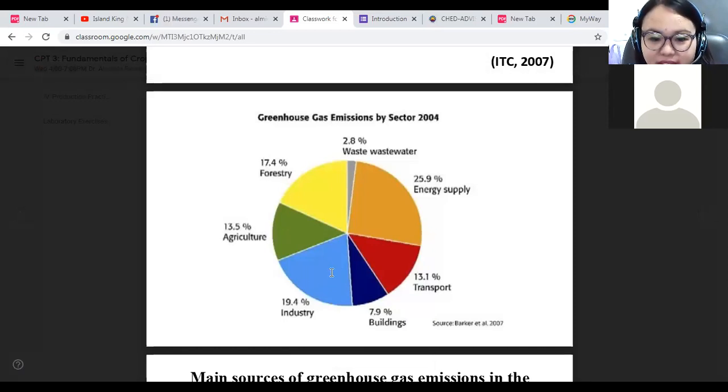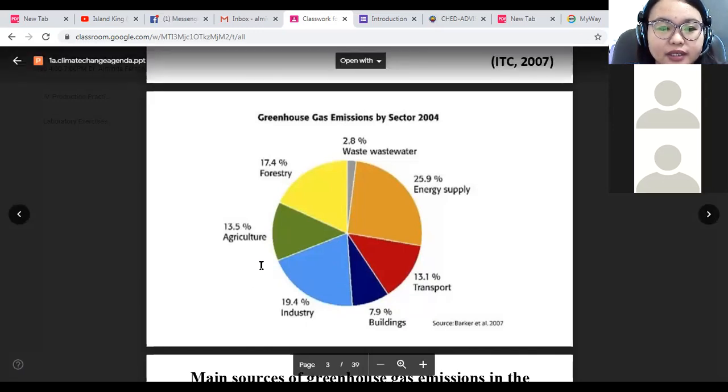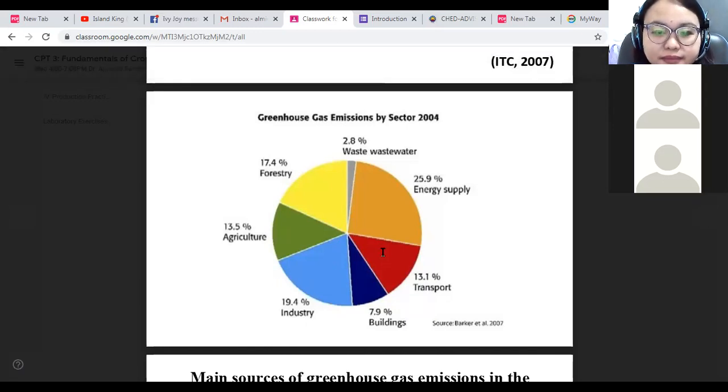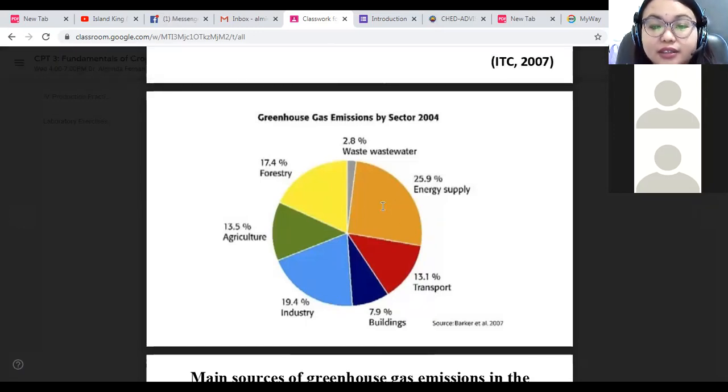gas emission. So the industry, especially our plantations, which have different production systems like fertilizer or cement and so on. And followed by it's actually the energy supply, the orange one.